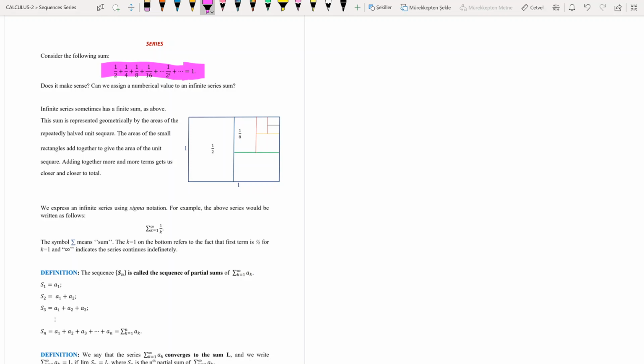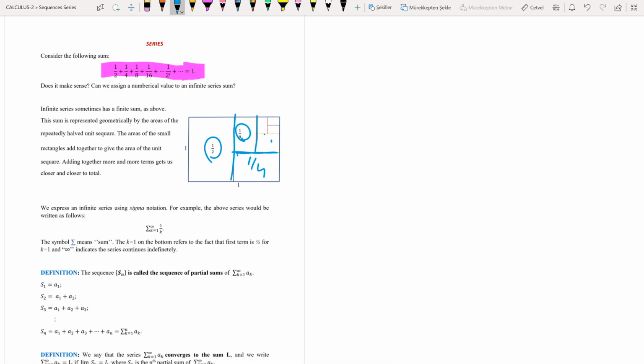Now consider a square with side length 1, as you see, and the area of this square is, of course, 1. The area of half of this square is 1 over 2, and the other part is also 1 over 2. If you divide the rest, you will have 1 over 4, and the upper part is 1 over 4. If you divide the upper part, this part becomes 1 over 8, and the other part becomes 1 over 8.